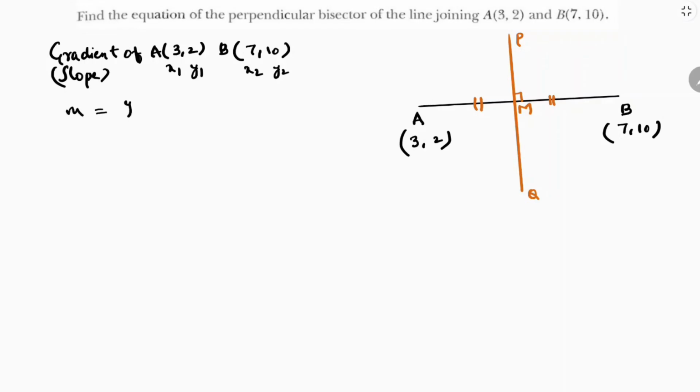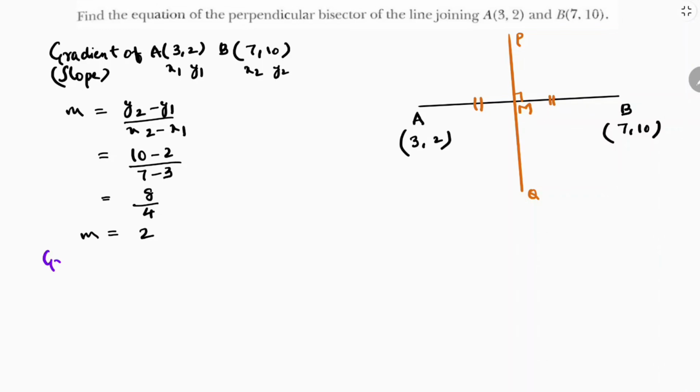So the gradient of AB formula is y2 minus y1 by x2 minus x1. So here 10 minus 2 by 7 minus 3. 10 minus 2 is 8, 7 minus 3 is 4. So gradient is 2. So gradient of AB is 2.